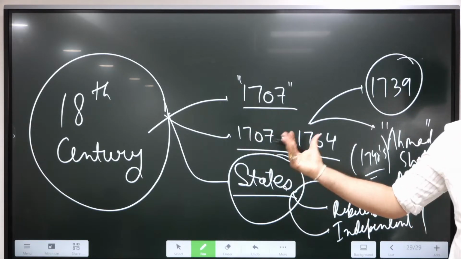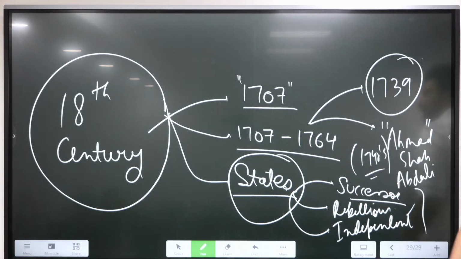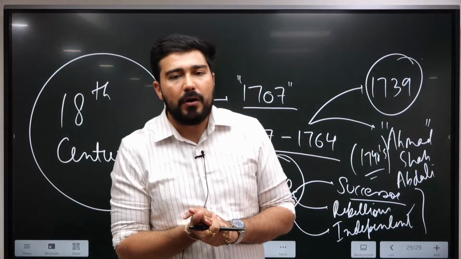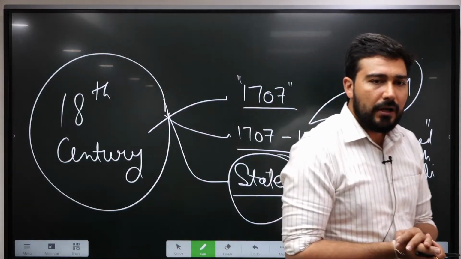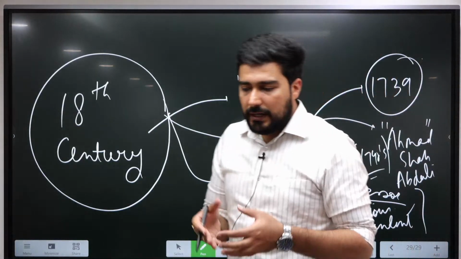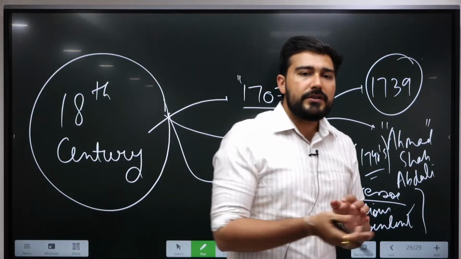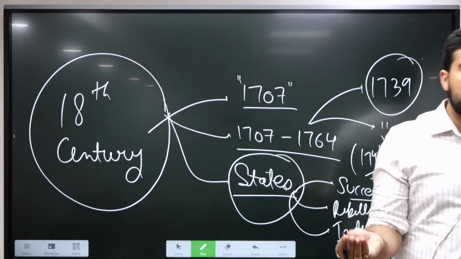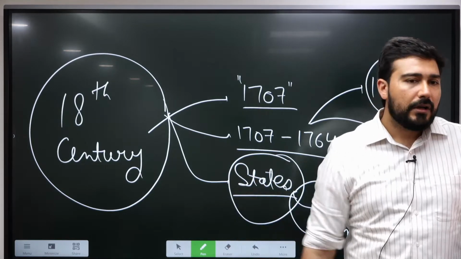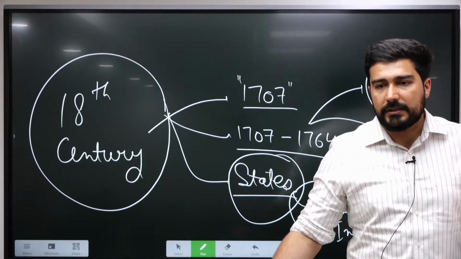Similarly you have to see in history also, as we saw that from the early medieval period it was more about decentralization, rise of feudal lords. Starting from the 13th century onwards till the invasion by Timur in the 14th century, we see centralization of power. Then again decentralization. The 15th century was more about decentralization.